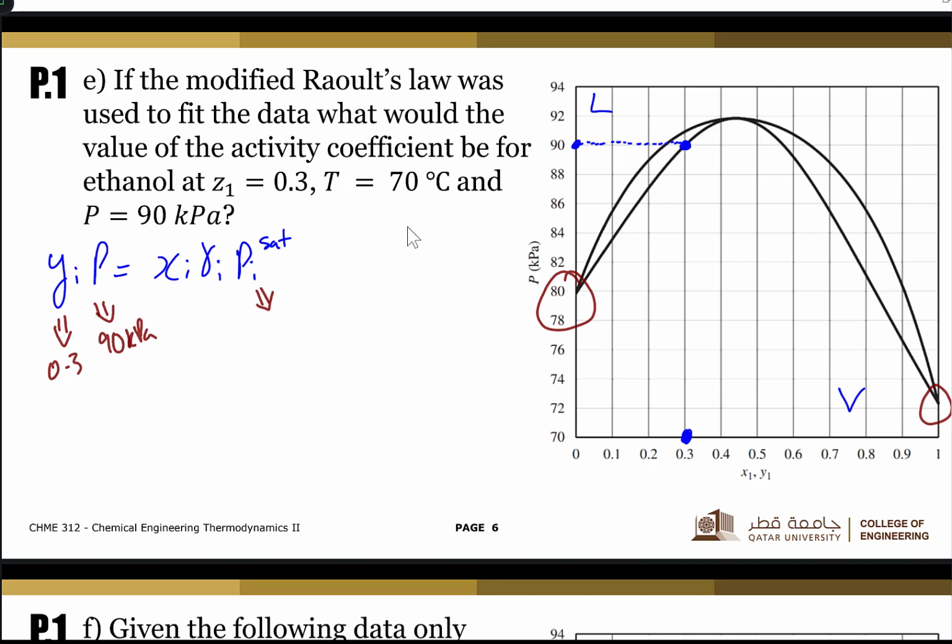So P1 sat would be on the right side. So that's going to be approximately 72.5. That's what I wrote. So 72.5. That's that here. What's x1 in this case?